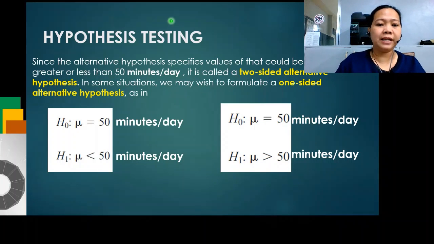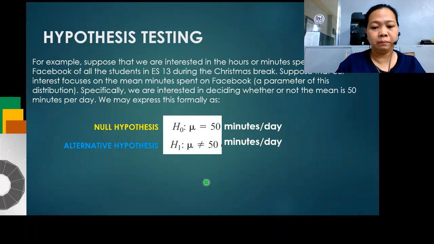So, next is the presented alternative hypothesis sa previous slide is a two-sided alternative hypothesis. Ngano two-sided man siya atong balikon? Because your alternative hypothesis pwede siya not equal to 50.